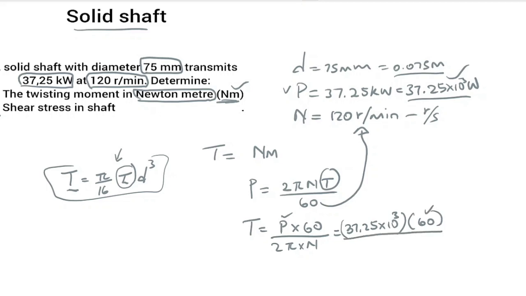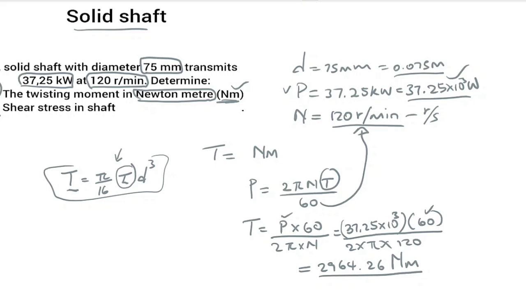Then 2 times pi times the rotational speed, which is 120. The answer we get there is 2964.26 Newton meters. That is the torque that question 1 is looking for.